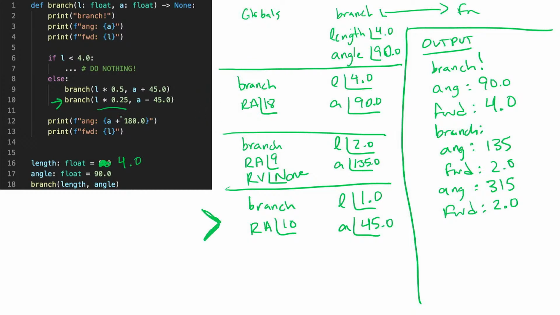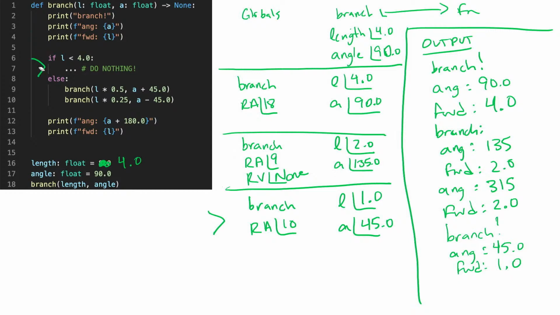All right. We set up our parameters. So we're ready to jump in, and we go back to the top, and we print branch. All right. We go to angle, this time around, 45, and length, or forward, I should say, forward is 1.0. All right. We're still here. We test.